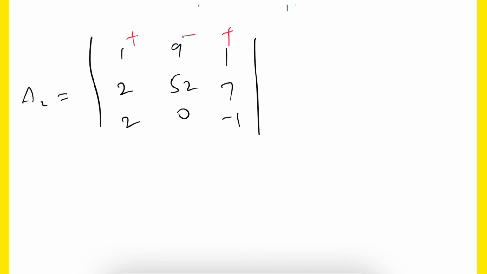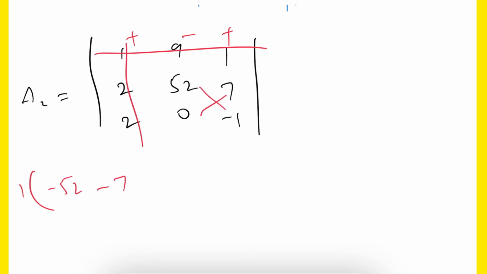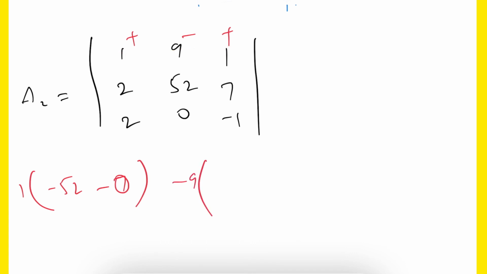This is plus, minus, plus. So 1 into, if we remove this row and column, 5 2 into minus 1 minus 52, minus 0 into 7 0. Next minus 9 into, if we remove that row and column, 2 into minus 1 minus 2, 2 into 7 minus 14.